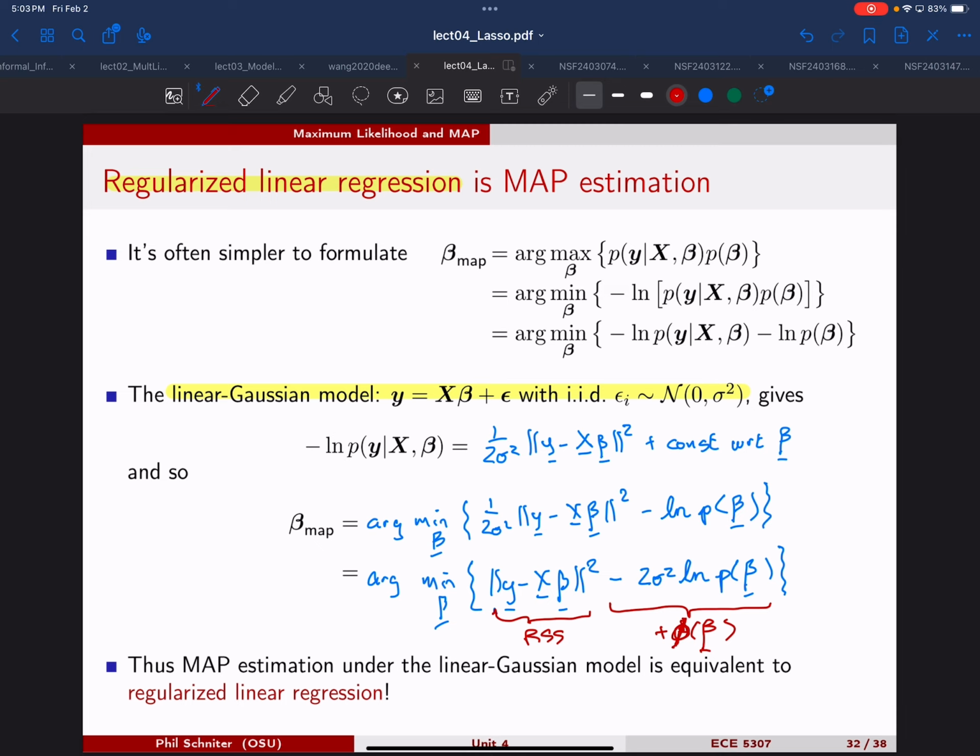Okay, so basically, we now have regularized linear regression: RSS plus some other term that depends on beta and influences how we choose beta beyond just minimizing RSS.